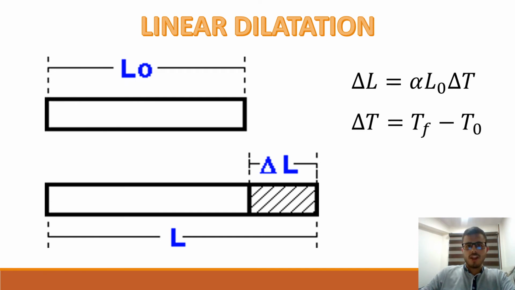So delta L is equal to the coefficient of linear dilatation of the bar material, called alpha, multiplied by the initial length L0, multiplied by delta T, which is the temperature variation. Delta T is equal to final temperature minus initial temperature.